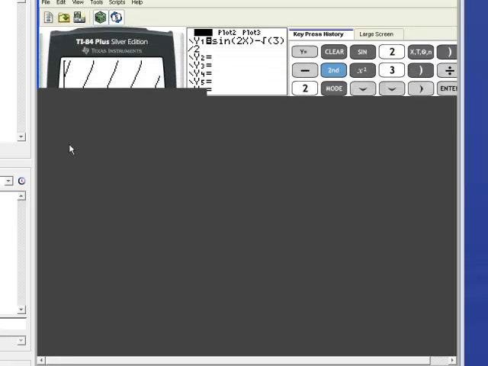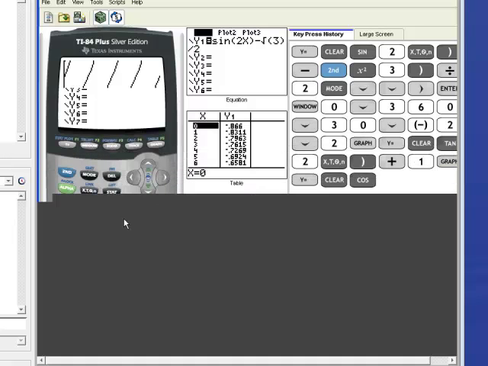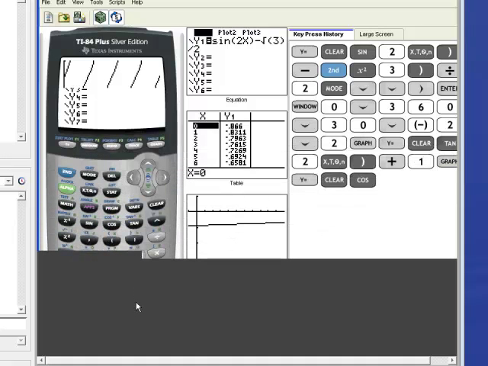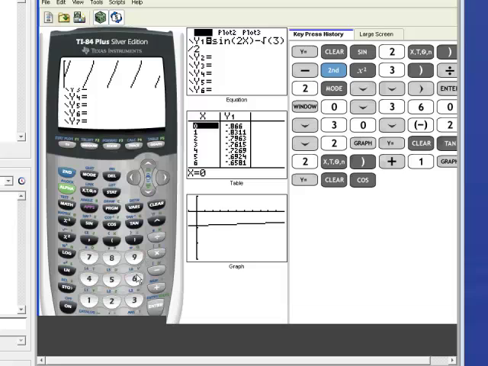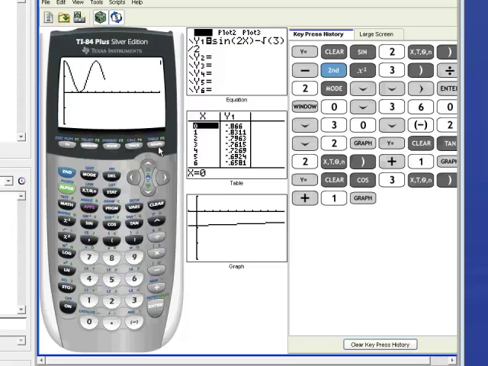This time around it's a little slower because I keep getting them in one at a time. Cosine 3x plus 1. Let's see what we get when we graph. Okay, just touching there. Yeah, that makes sense. Exactly pushed up by 1.